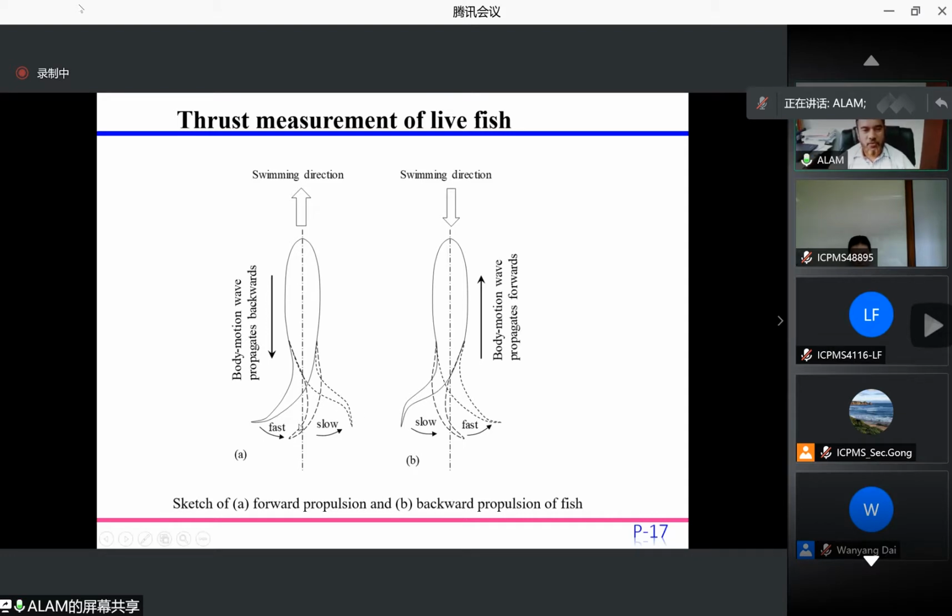When the stroke is faster, it can push fluid backward more rapidly, so the fish gets forward thrust. And when it has a faster outward stroke, then fluid is pulled forward, so the fish moves backward.